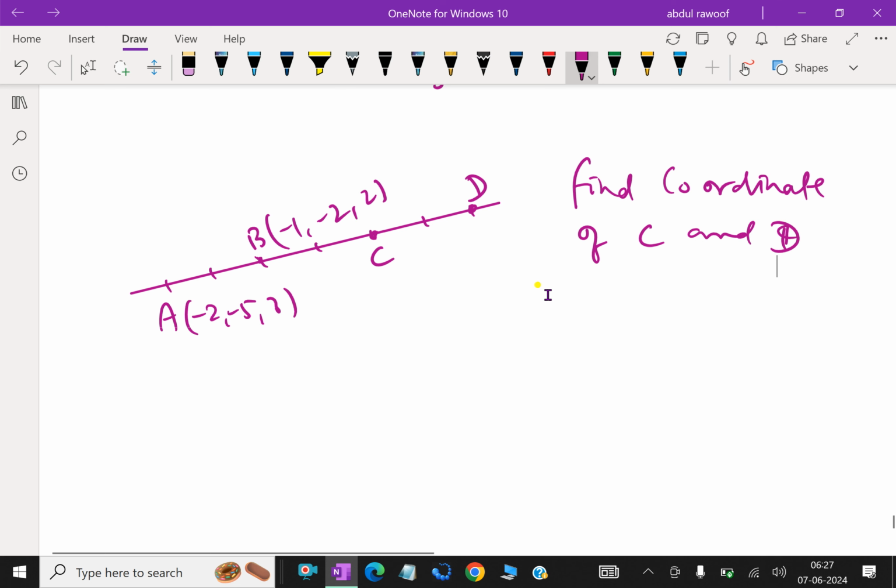In this, you have to find the coordinates of C and D by using these conditions. First, you have to find vector AB. Vector AB means use these 2 points.